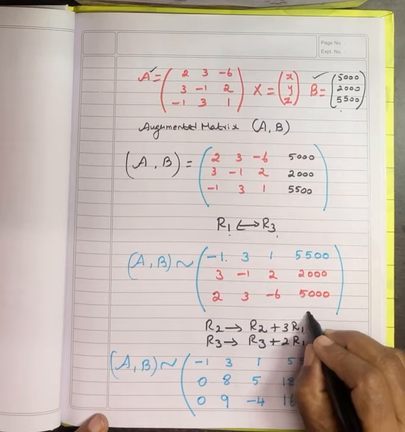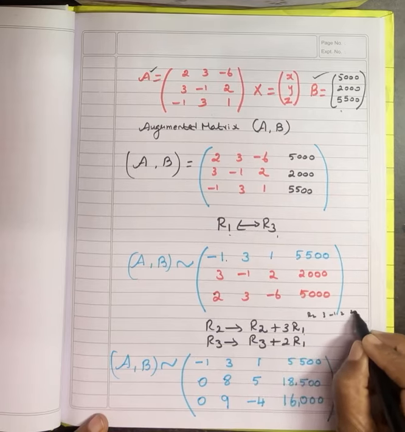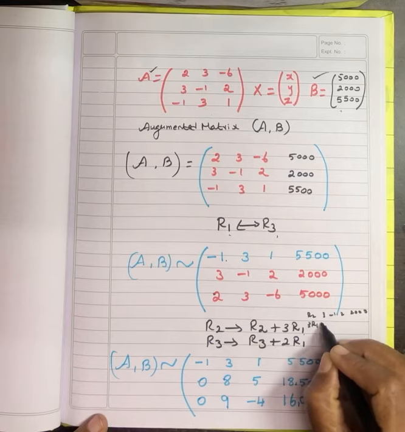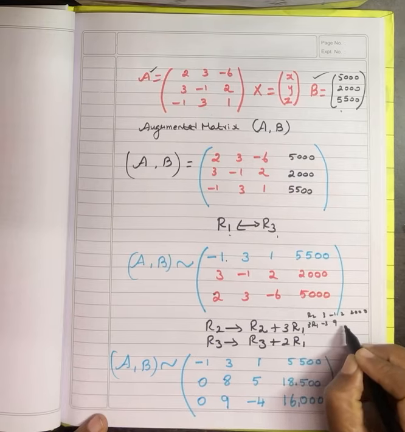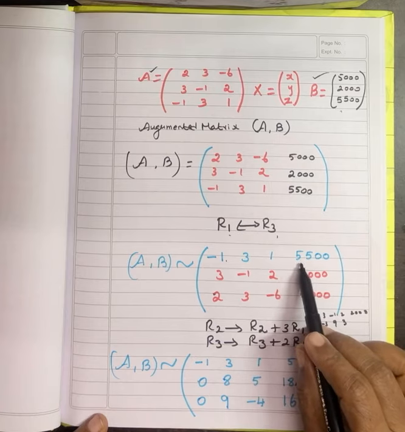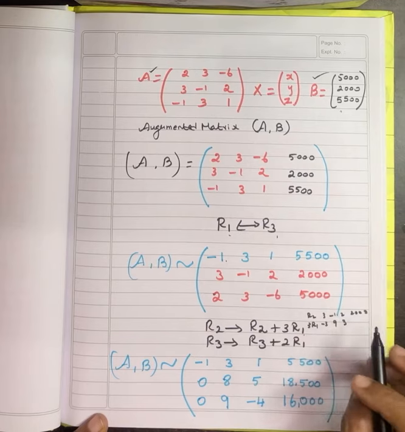What is R2? R2 is 3, minus 1, 2, 2,000. R1 I have to multiply with 3. So it is minus 3, it is 9, it is 3. 5,000 if you multiply, 15,000, 500 if you multiply with the 3, it is 1500. So 16,500.